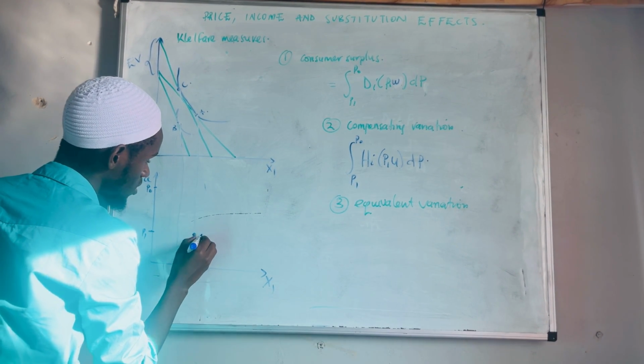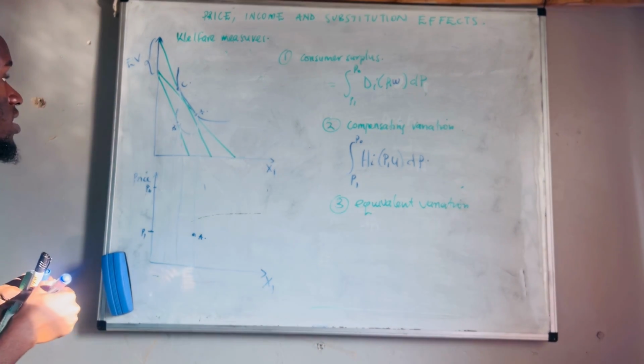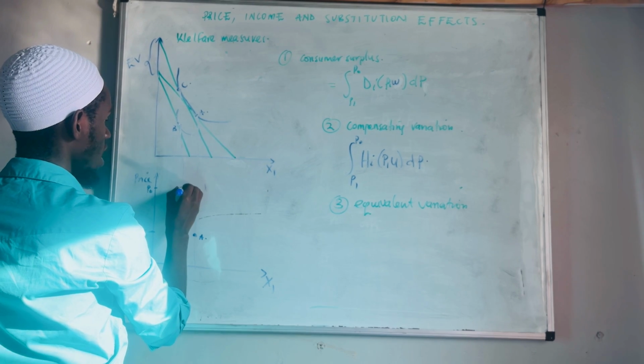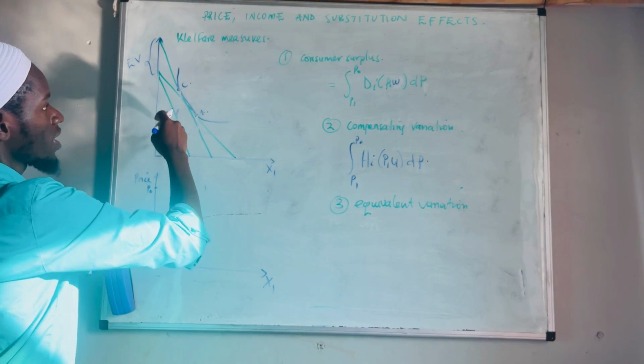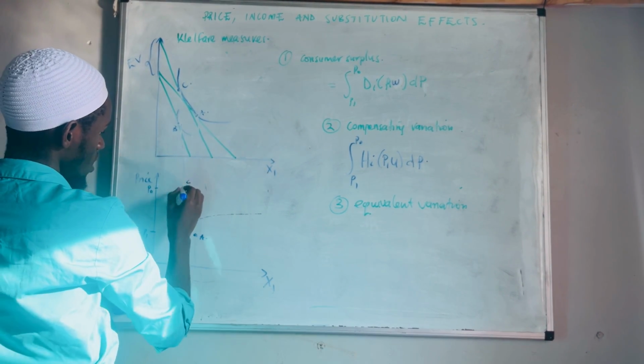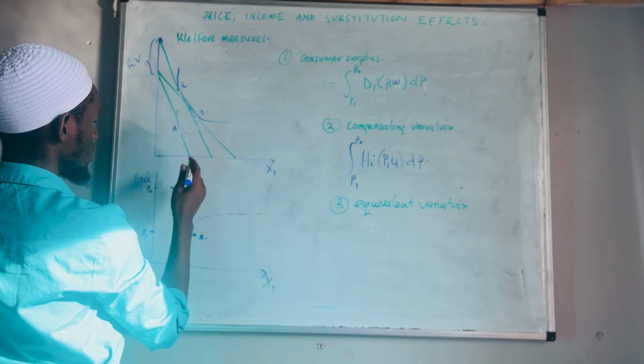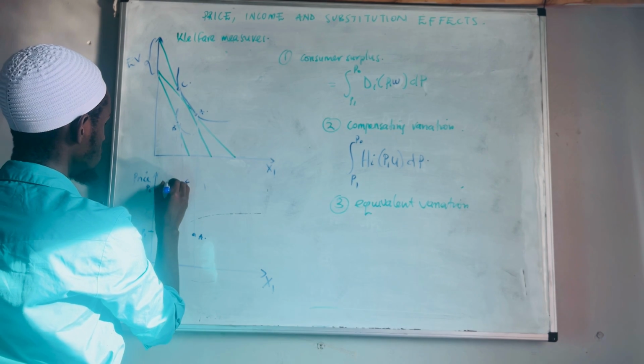Point C is at a higher price because it's where the employer came in to add me income. Then I also have point B here, which is at a higher price.